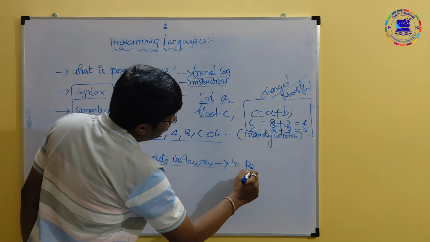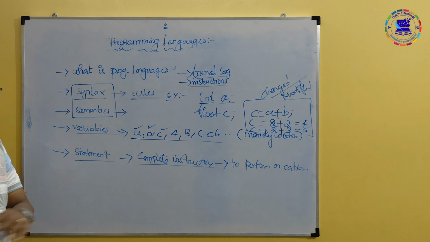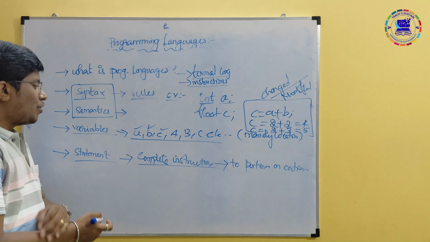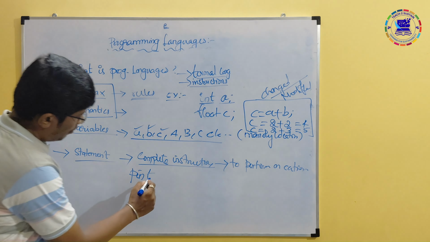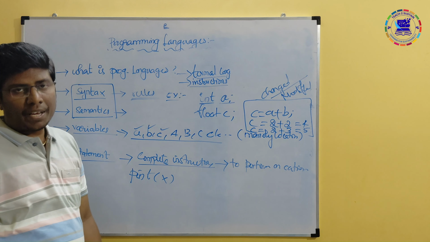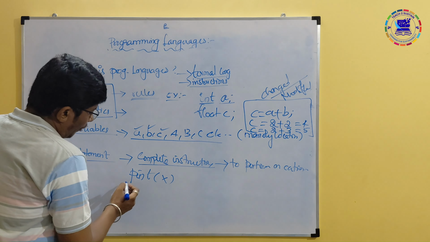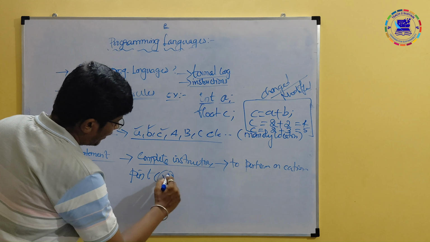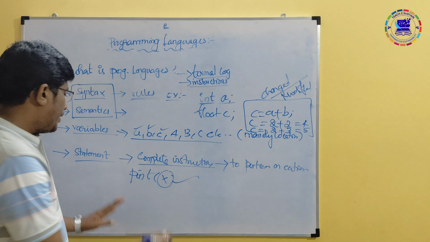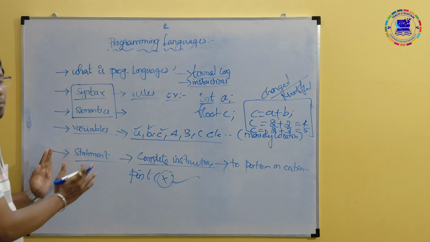This is what is called a statement. For example, there is a statement print(x) in Python. If I write print(x), what will it do? It will print the value of x. This is what is called a statement.